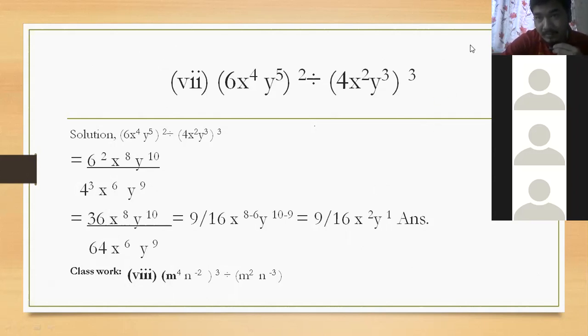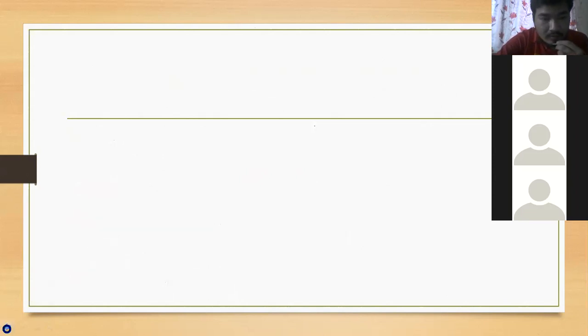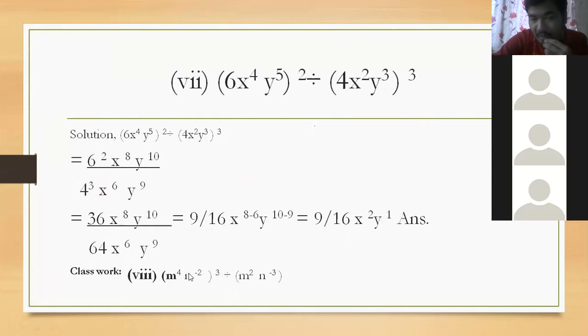Look here. Sir, my M to the power 10, N to the power 3 and N to the minus 3 came, so mine is... I want to tell, look here, orally one first.